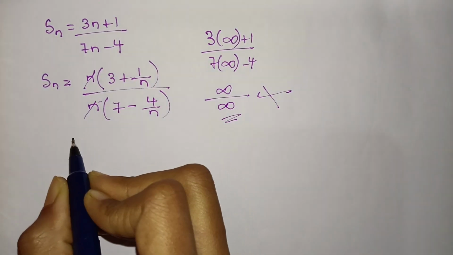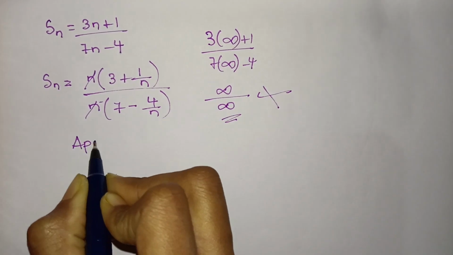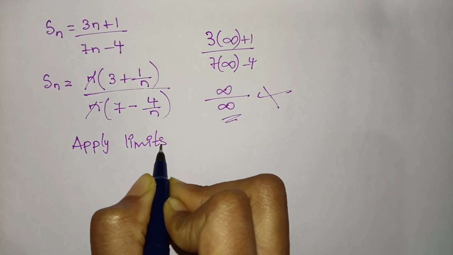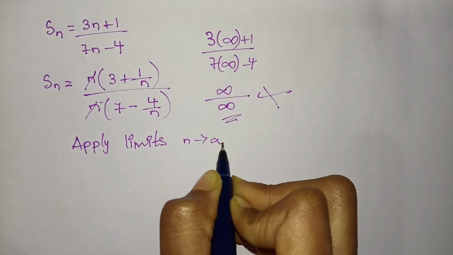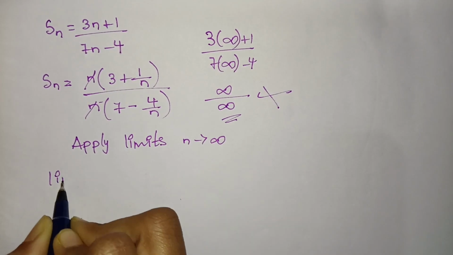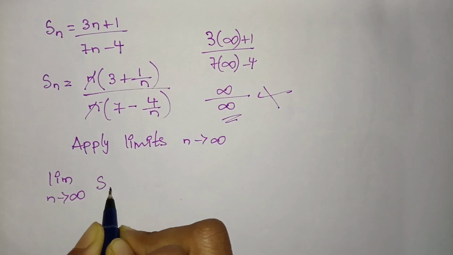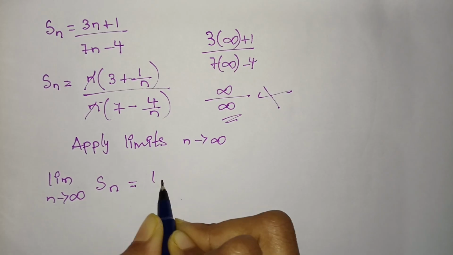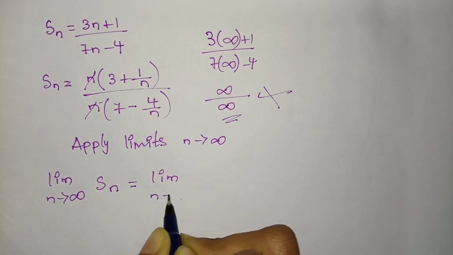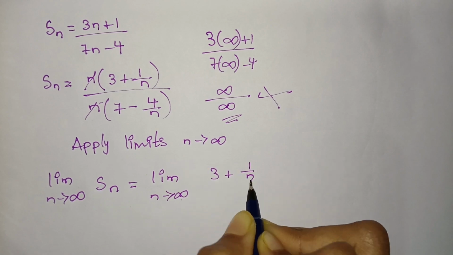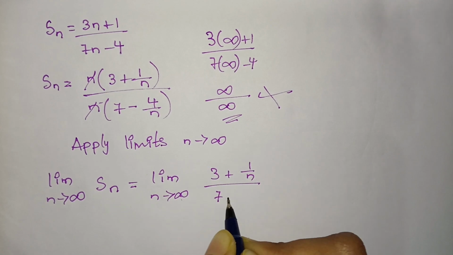So now we need to apply limits, that is n tends to infinity. So limit n tends to infinity Sn is equal to limit n tends to infinity (3 plus 1 by n) divided by (7 minus 4 by n).